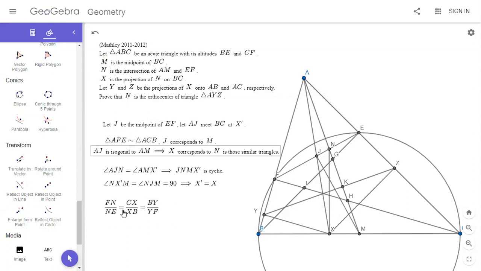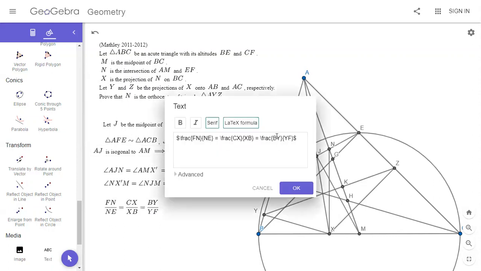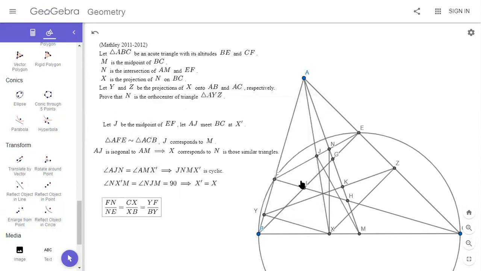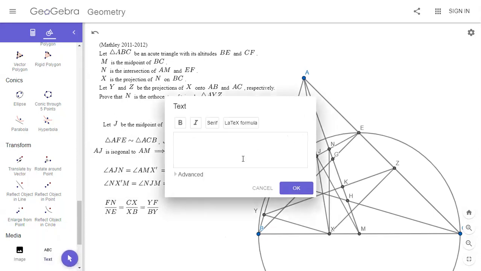Okay, so this means that, oh, this should be YF over BY. And so that means YN is parallel to BE, which means that YN is perpendicular to AZ.